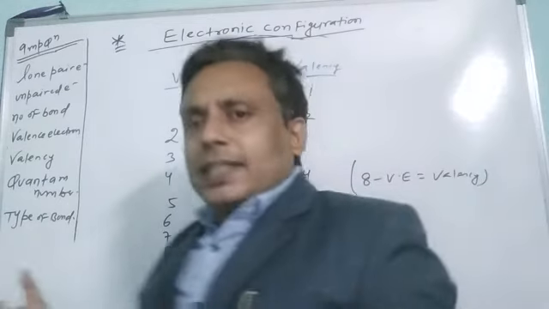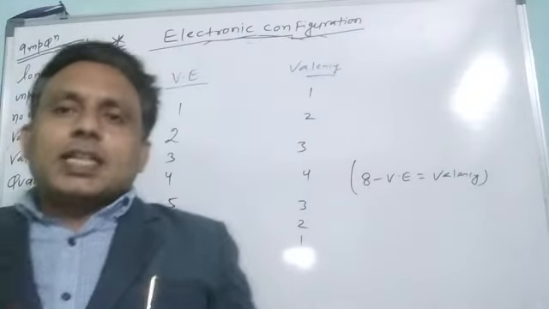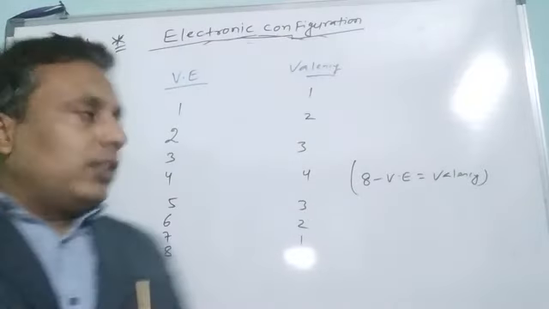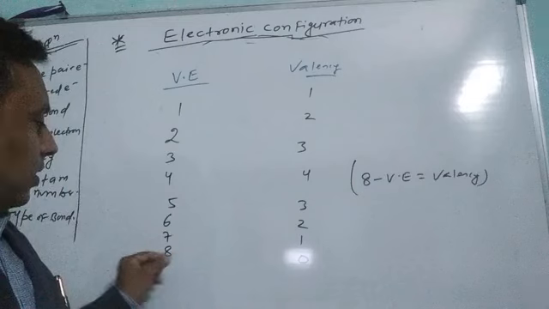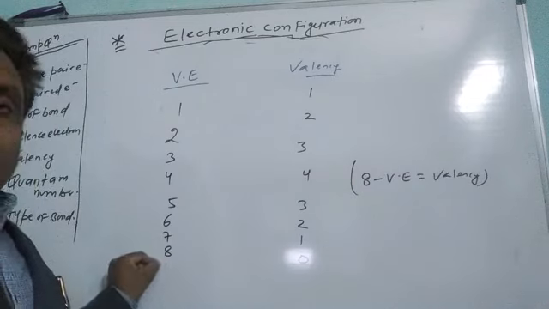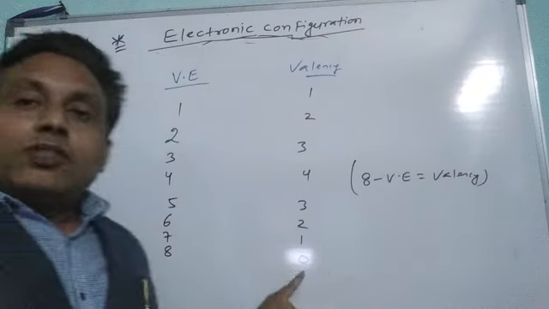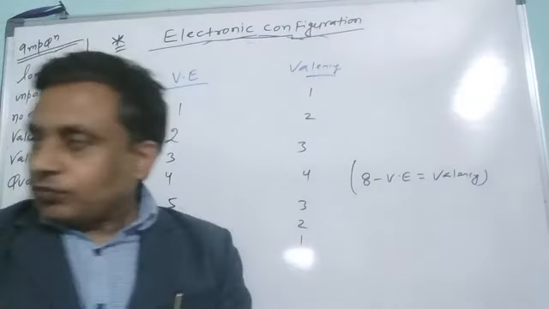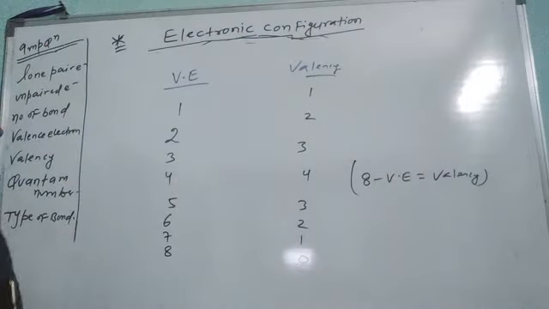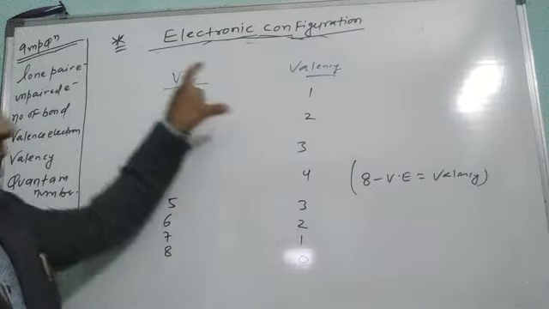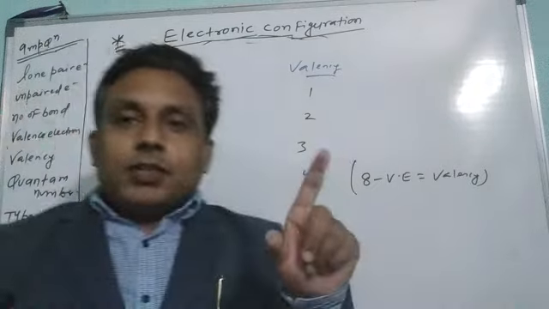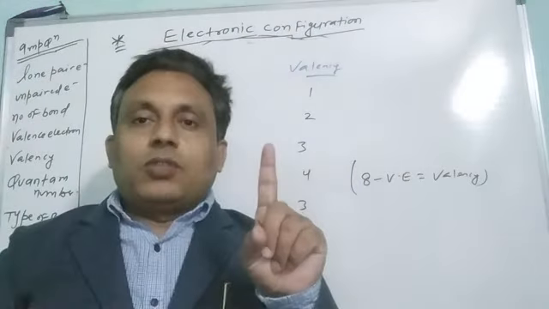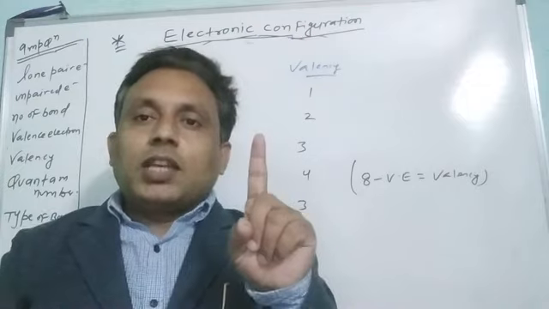You know that inert gas cannot make compounds easily. So we calculated this data. If valency is 0, it means they cannot make compounds. Okay. The third point of view: if an atom has a single unpaired electron, then it makes a single bond.